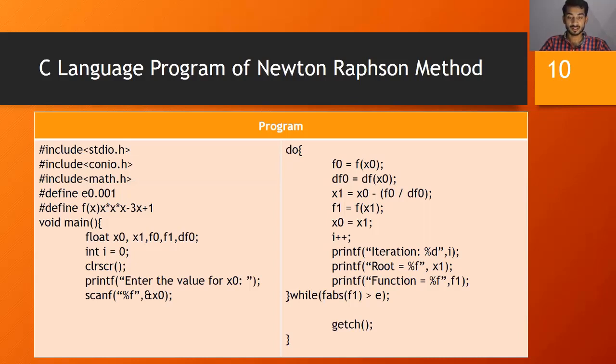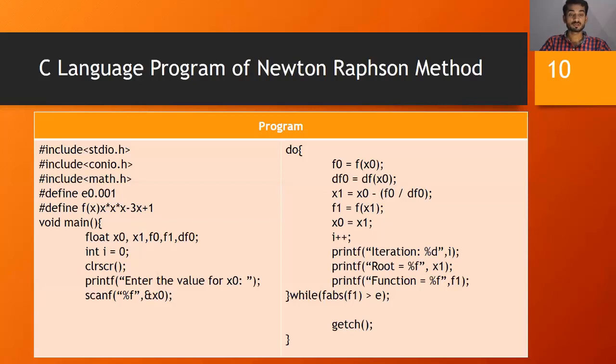So we have taken x0, x1, f0, f1, df0. We have taken 5 variables of float data type, and also an integer variable. Firstly we write a message to enter the value of x0.